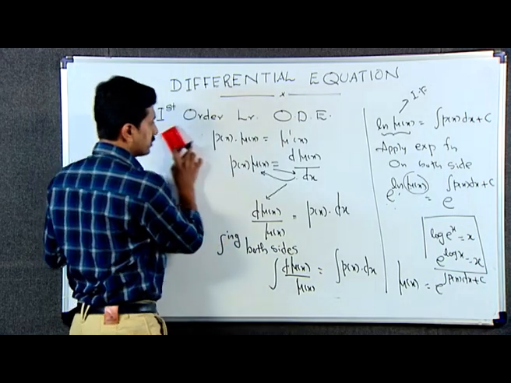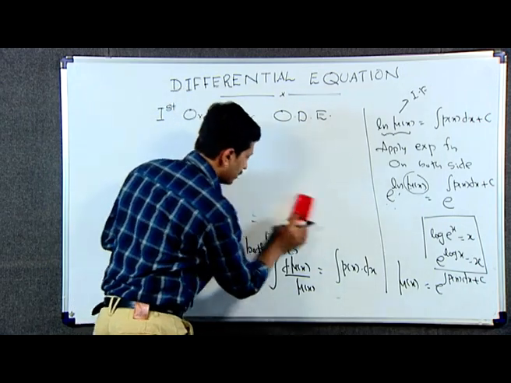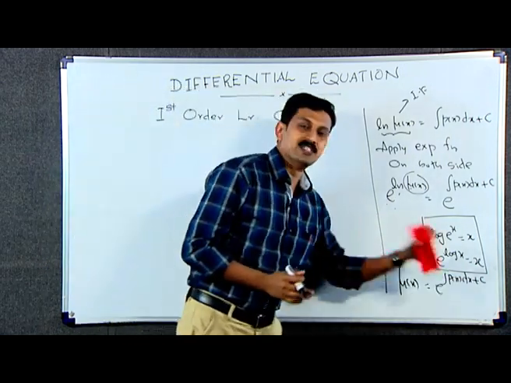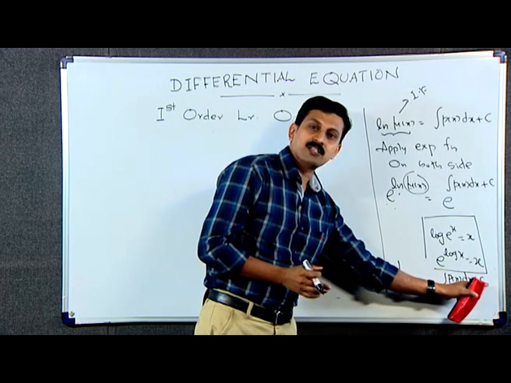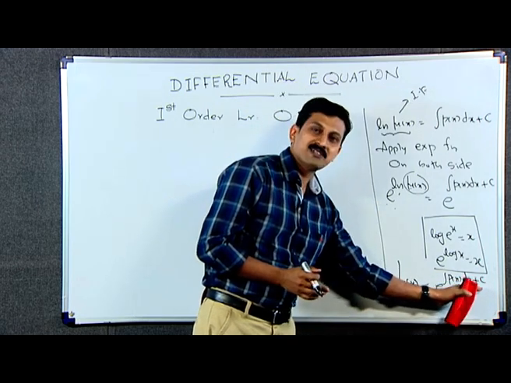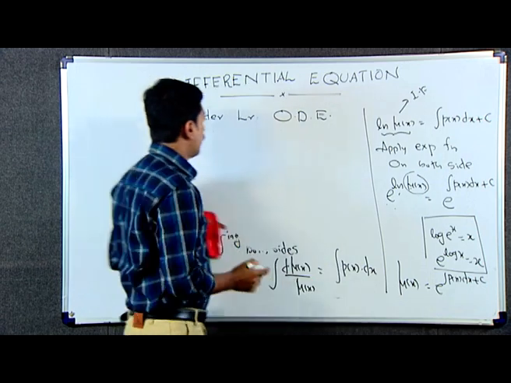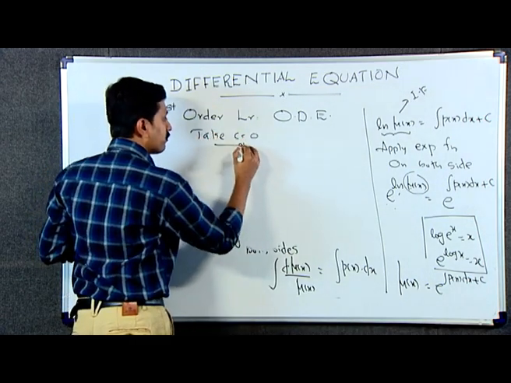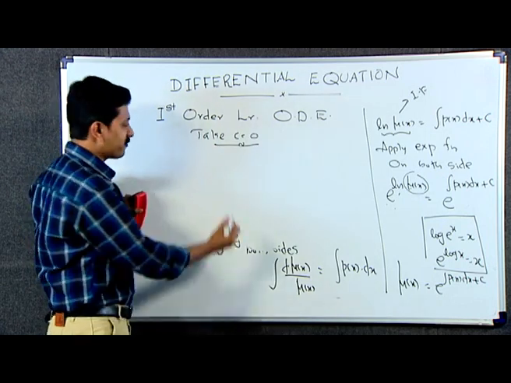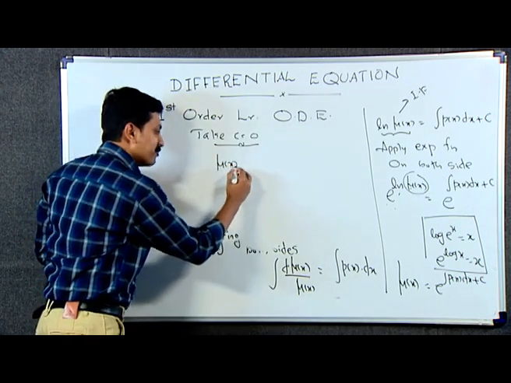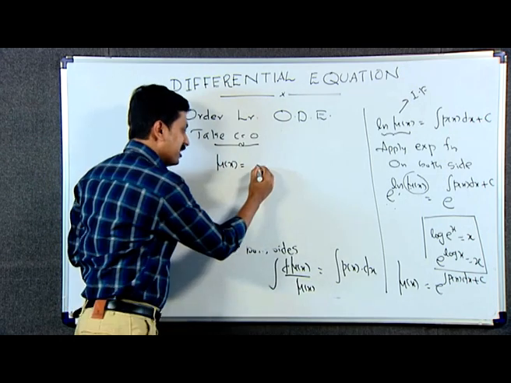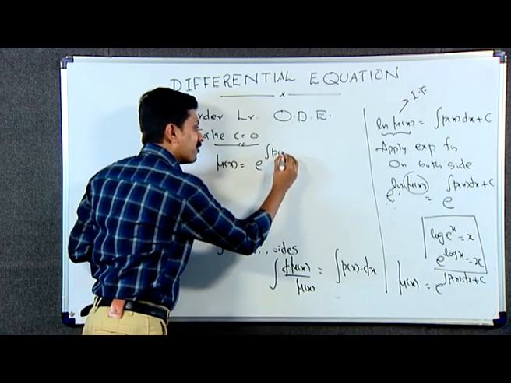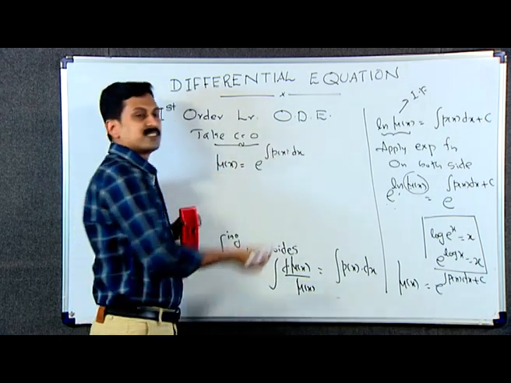For convenience, without loss of generality, we are taking c equal to 0. c is an arbitrary constant; in particular we can treat c as 0 also. When we take c equal to 0, mu of x is equal to e raised to integral of p of x dx.